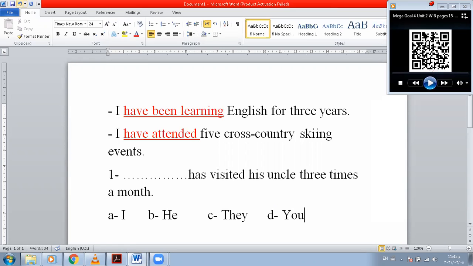I want a student to choose a subject pronoun for this sentence. I or he, they or you has visited his uncle 3 times a month.